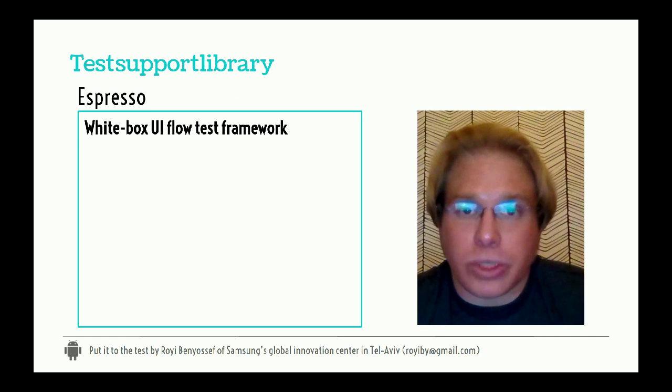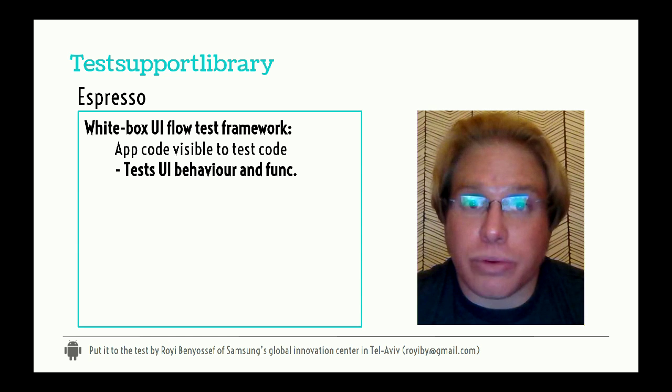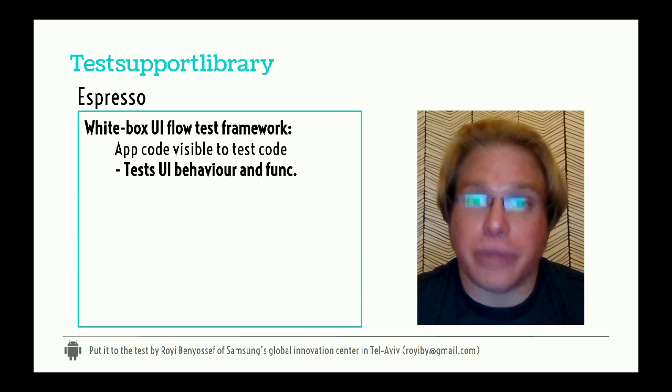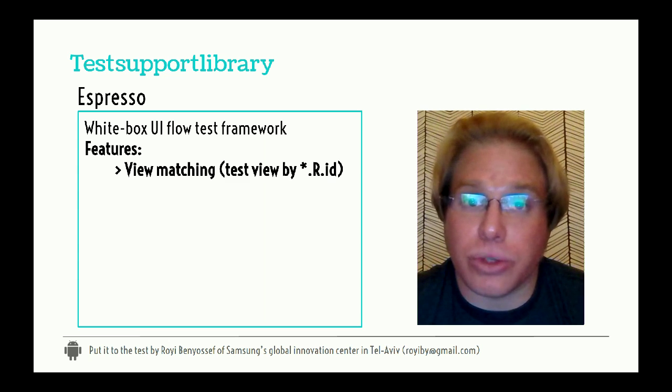Espresso is a white box UI test framework, which means the tests are aware of the target app's code, and the tests revolve around the UI's behavior rather than the code functionality. It has really cool features like finding the view by calling it from Android's own R.id by strings.